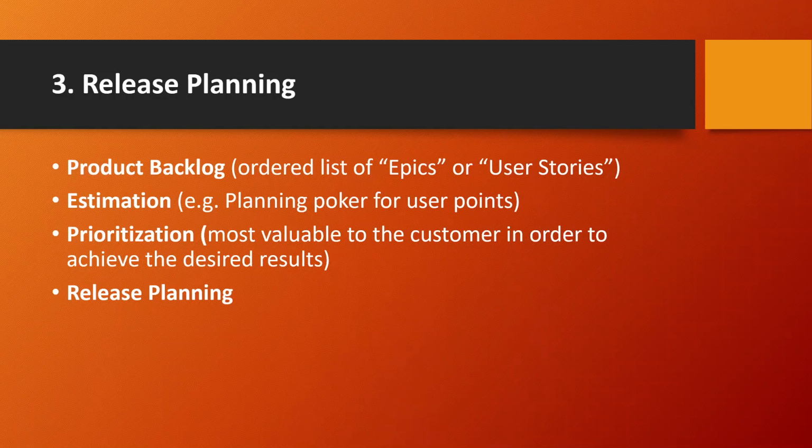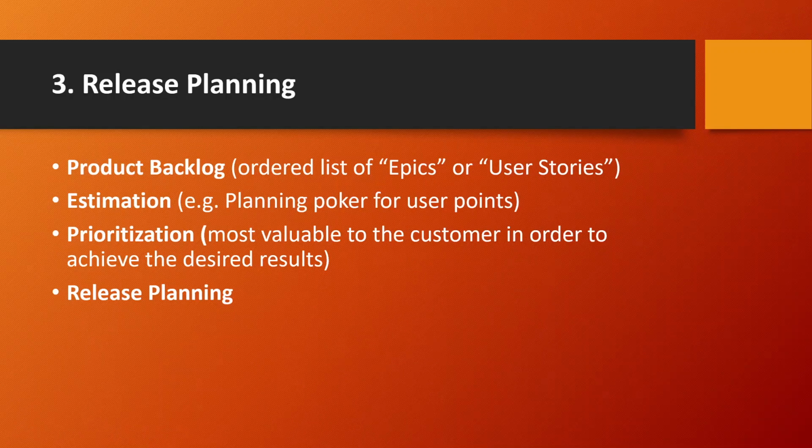But this is not the only agile estimation technique available. There are countless others like ideal days, etc. But what we are trying to achieve is basically to size our tickets.